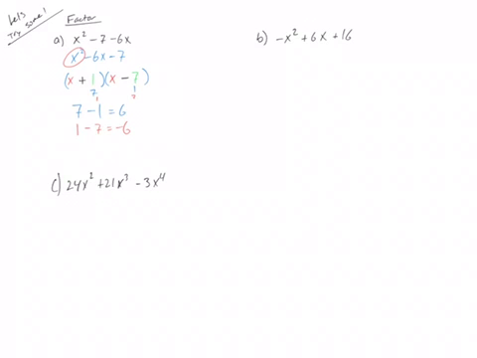And then to check that, we're just going to FOIL, or multiply, those two binomials. So x times x gives me x squared. x times negative 7 gives me negative 7x. 1 times x gives me x.